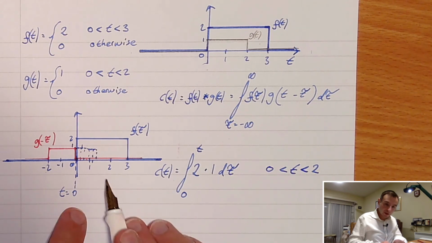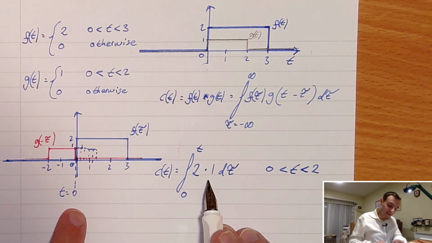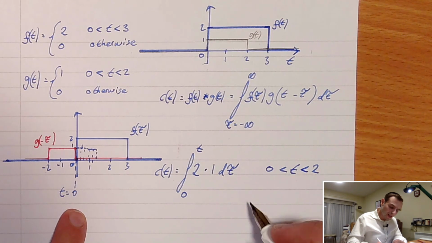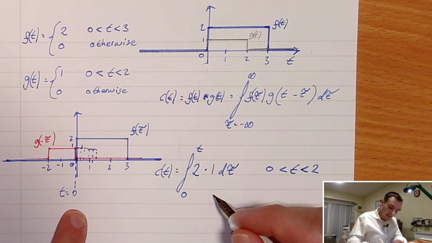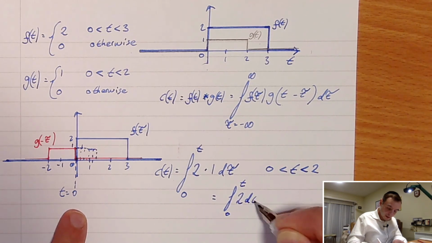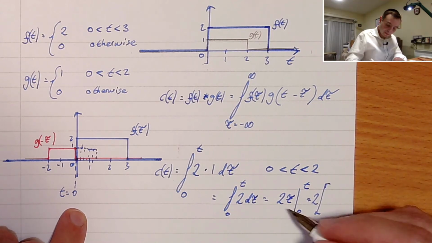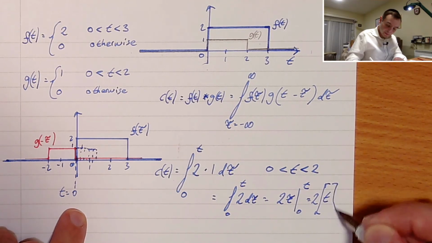Once t equals 2, we're going to have to look at what the convolution function is going to be then, and you'll see why it's going to be different in a second. So if we just evaluate this, that's going to be equal to the integral between t and 0 of 2 d tau, which is equal to 2 tau evaluated between t and 0, which is equal to 2t.